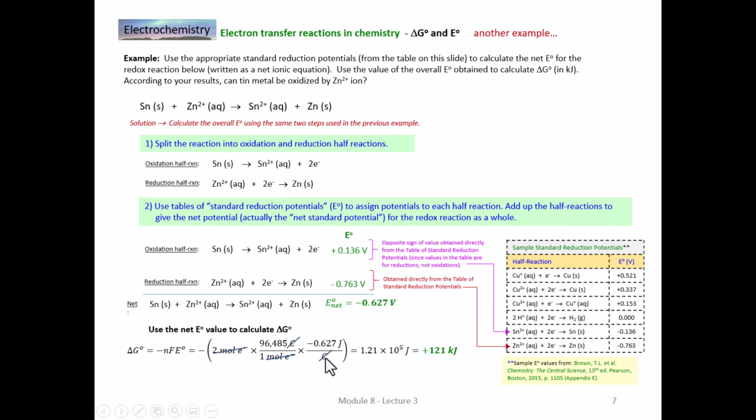So we get an overall delta G of positive 121 kilojoules. So the negative net overall potential and the positive delta G value both indicate that the oxidation of tin metal by zinc is not spontaneous. So if you expose tin metal to a solution of zinc ion, there will be no reaction.